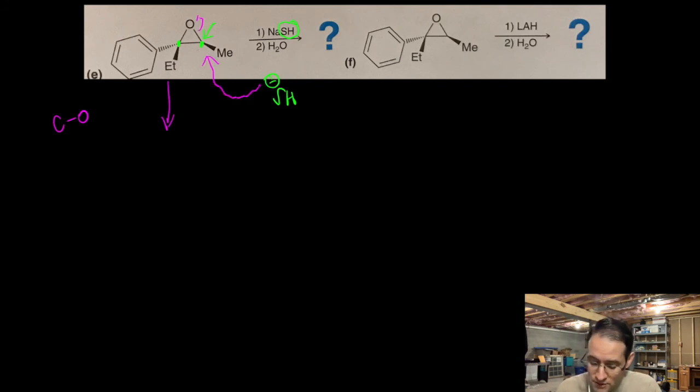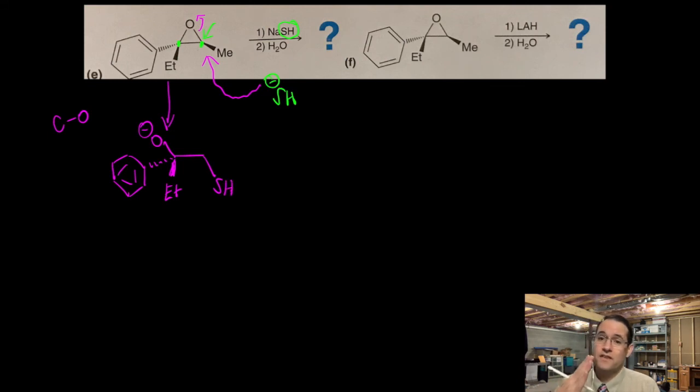So all we need to do is take the nucleophile, attack our epoxide, and that's going to give us a molecule where the left stereogenic center has not changed. The right stereogenic center has.